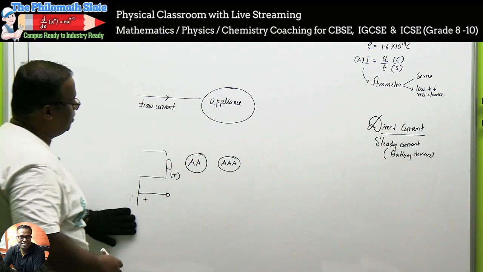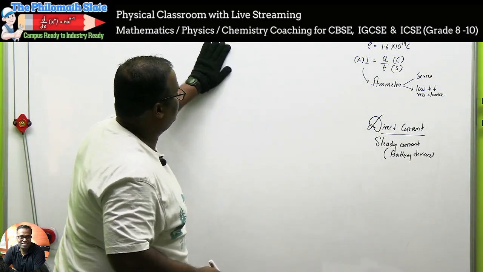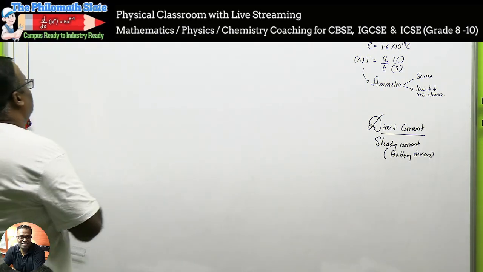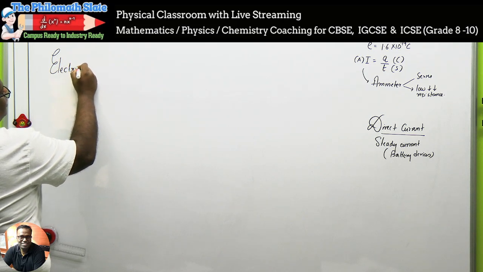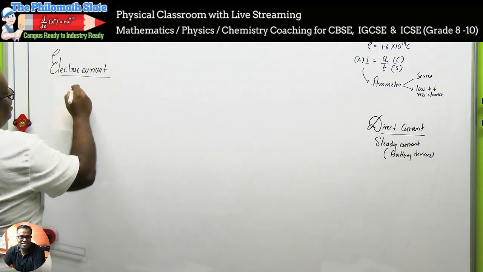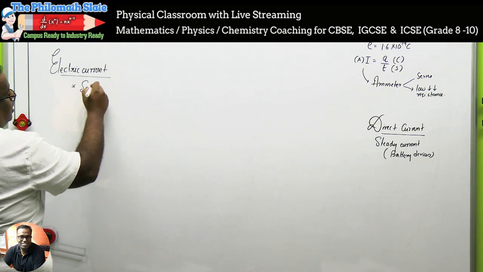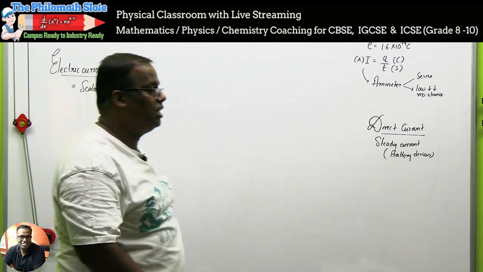Now the next topic, on which questions come in exams, is the direction of electric current. We are studying electric current. So far we have studied the formula. Electric current is a scalar quantity. Now you will say, sir, current has got a direction. Why is it scalar?